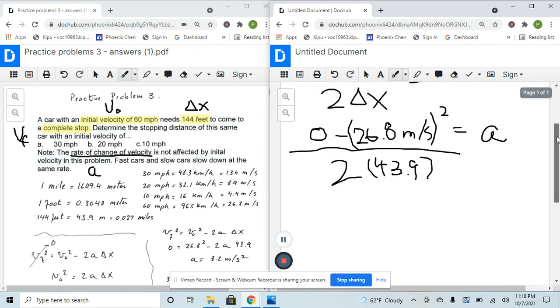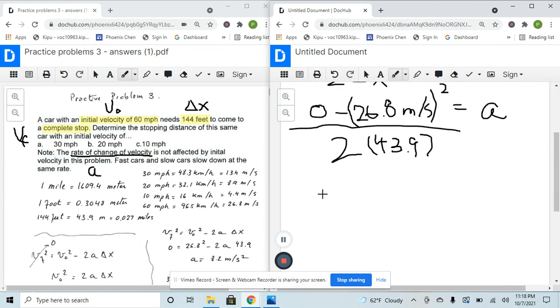If we plug everything in and use a calculator, we should get acceleration is equal to 8.2 meters per second squared. And as always, we measure acceleration in meters per second squared. If we cancel out our units in the original equation, we should be left with meters per second squared.